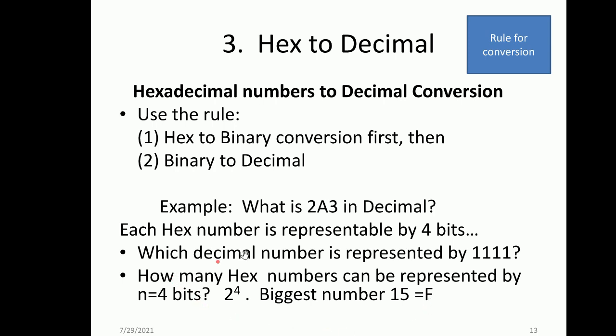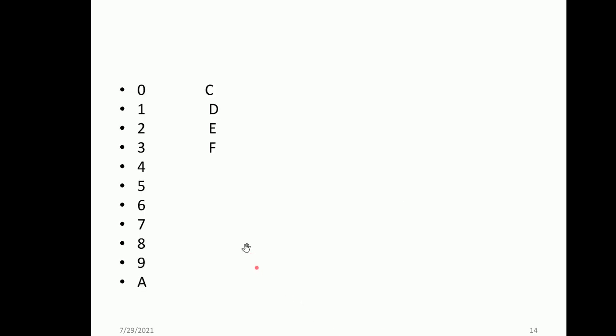Okay, so each hex number is representable by 4 bits. There's no problem with that. So what we have to do, I'm giving you a table of equivalents. So 0 all the way up to 9, then an A. I've forgotten the B, of course.